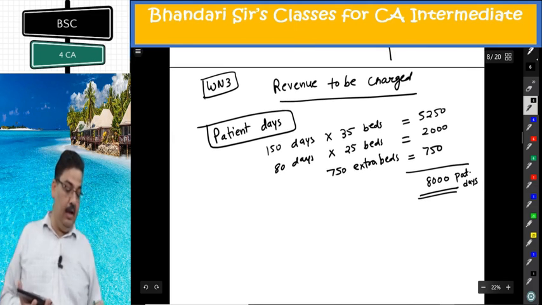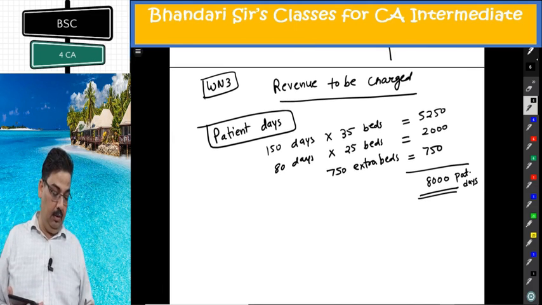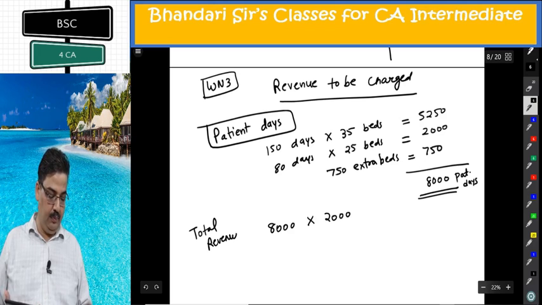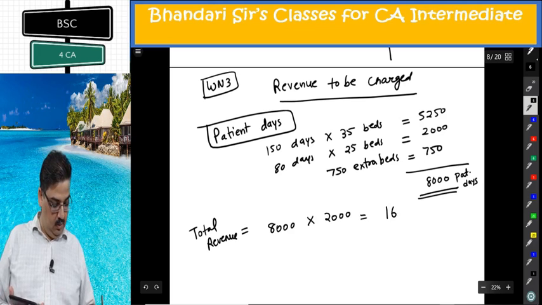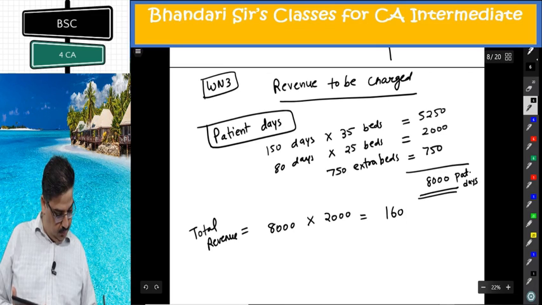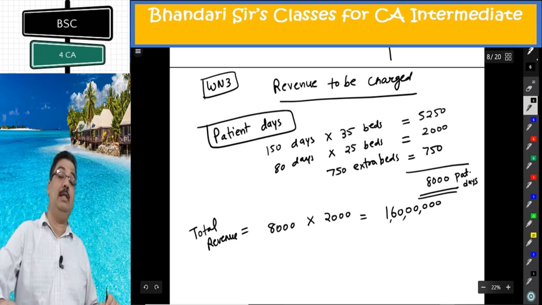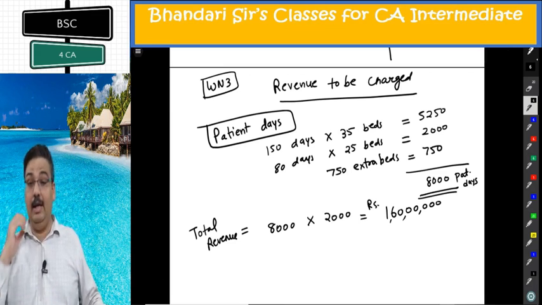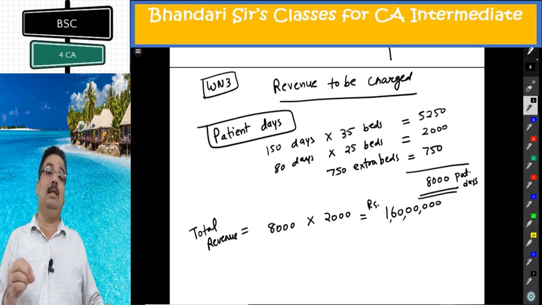Every patient day you are getting 2000. 8000 multiplied by 2000 is total revenue. One crore 60 lakh is your revenue. Based on this, you are getting 1 crore 60 lakhs as revenue.